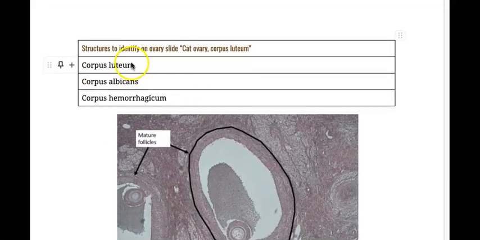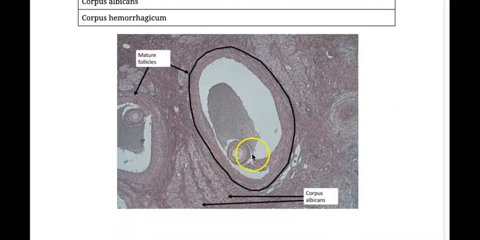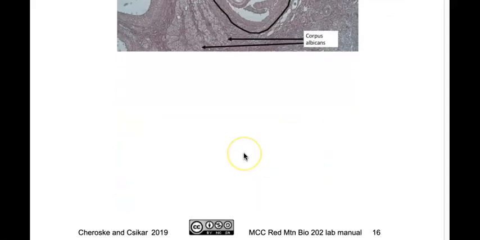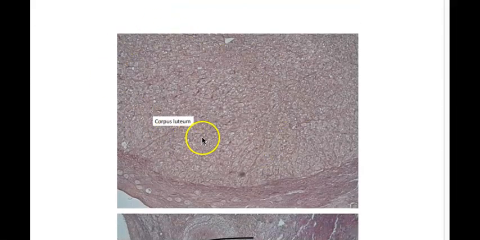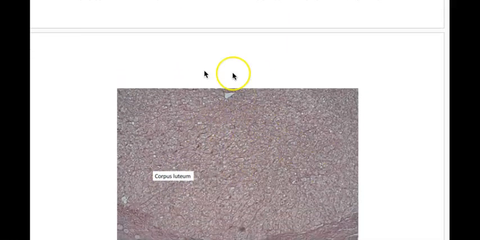Okay, and then getting to corpus albicans, what happens after an ovulation? What is being ovulated or released from the ovary is going to be the oocyte. That means all of this other stuff stays behind, right? Well, it doesn't just stay behind and not do anything. Let's see what the next image is. It becomes something called the corpus luteum, right? So all of these cells, this big, see that?